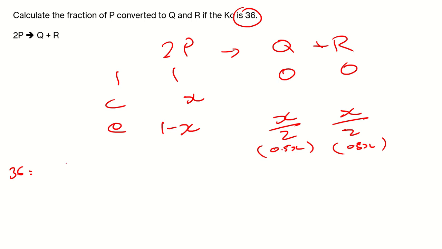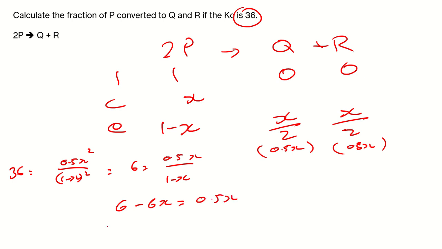My top line will read 0.5X squared, and my bottom line will read 1 minus X squared. If I go from there, I can square root everything. That means 6 equals 0.5X over 1 minus X. So that gives me 6 minus 6X equals 0.5X, which gives me 6 equals 6.5X.